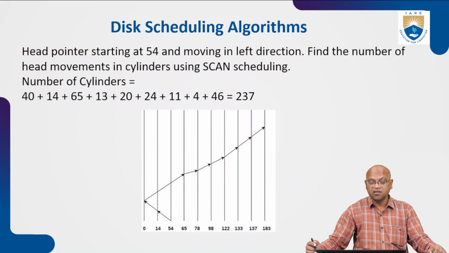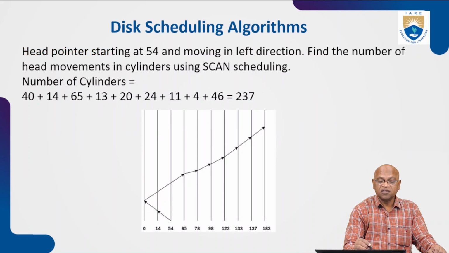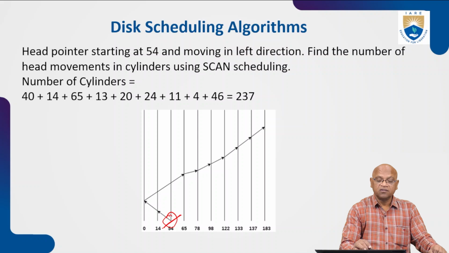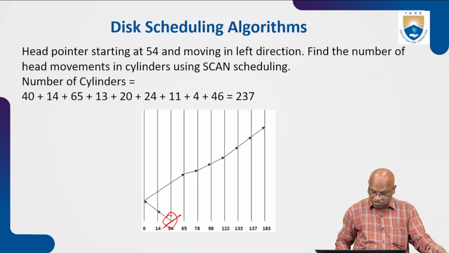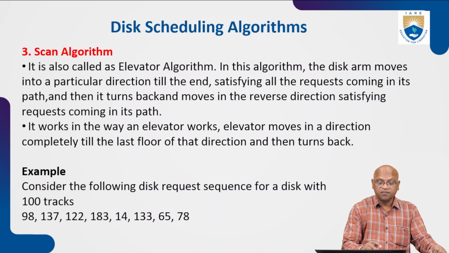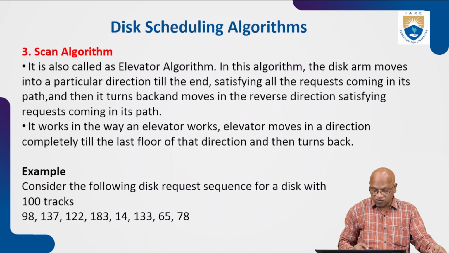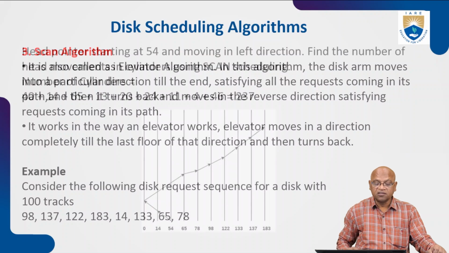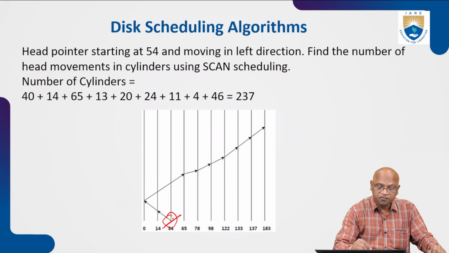If you look at this example, initially the head is at 54. As per the example, 65, 78, it will move in one direction only. So it will go to 0.